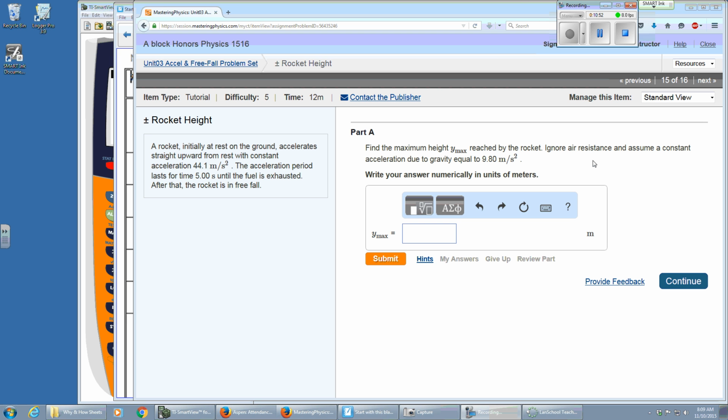It's still moving upwards, but which way is it accelerating? Downwards, because it's in free fall. We know that everything accelerates down at little g when we're in free fall.